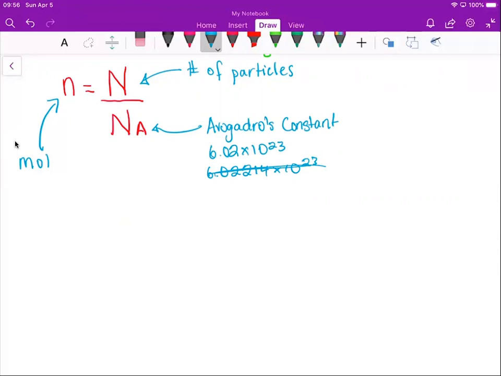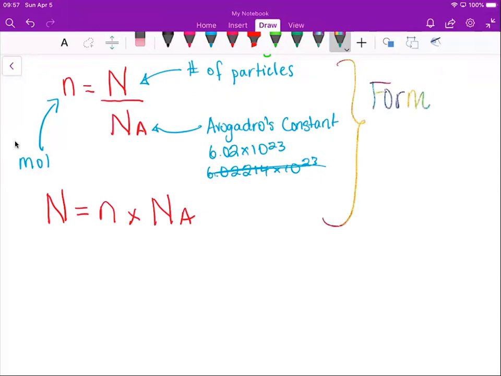If you were to rearrange the equation to calculate number of particles, you're going to take the number of moles that you've been given and multiply it by Avogadro's constant.